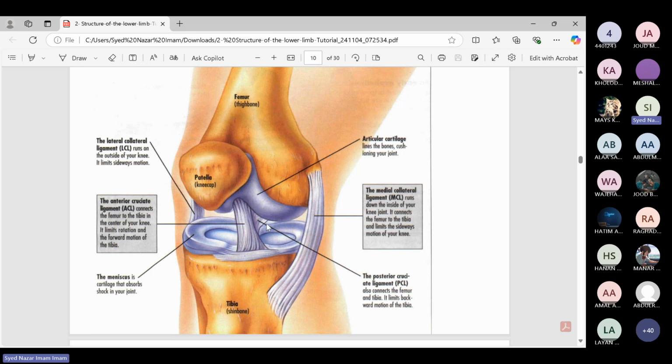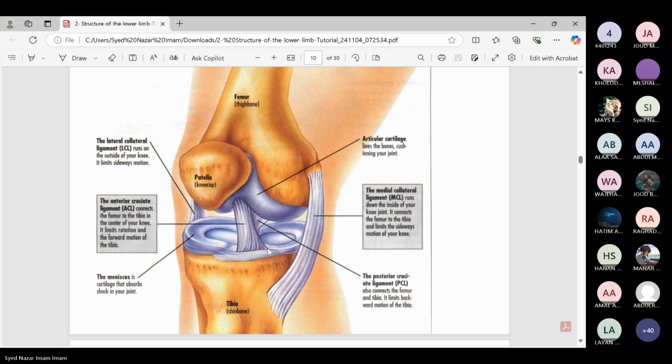Now, just concentrate on one thing: we have two cruciate ligaments, the anterior cruciate and the posterior cruciate ligament. Now, just see the anterior cruciate ligament. It is attached to the anterior part of the tibia and the posterior part of the femur. Similarly, the posterior cruciate ligament is attached to the posterior part of the tibia and the anterior part of the femur, because they are cruciate, they are crossing each other.